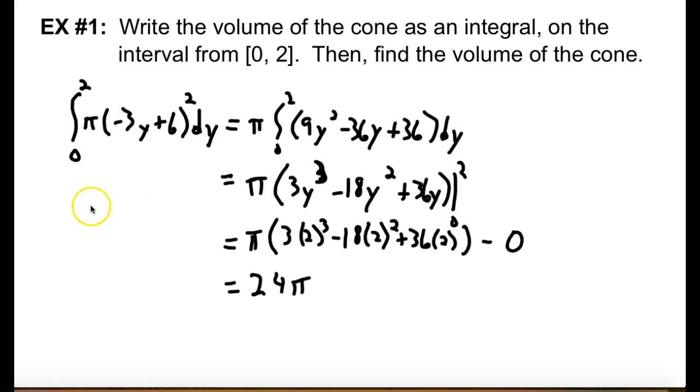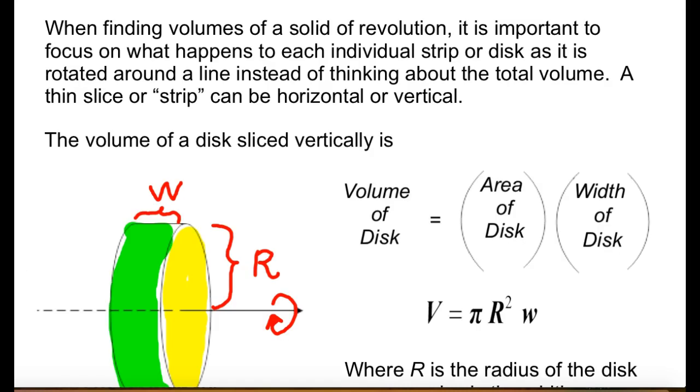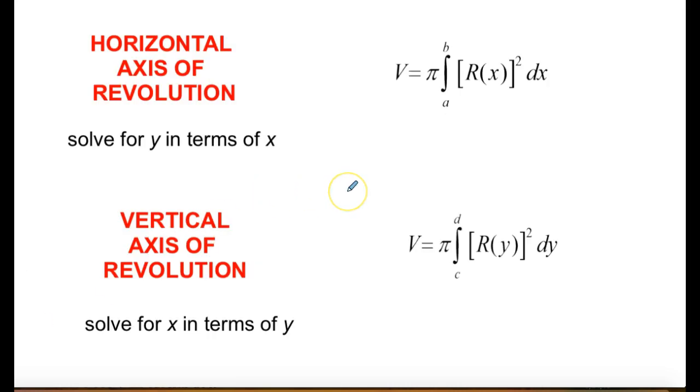I know it's probably a little confusing why we integrated with respect to y and not x. So let's try to explain that a little bit here. Actually, jump down to here. Whenever I am revolving around a horizontal axis, and for today, that just means the x-axis, the x-axis is horizontal.